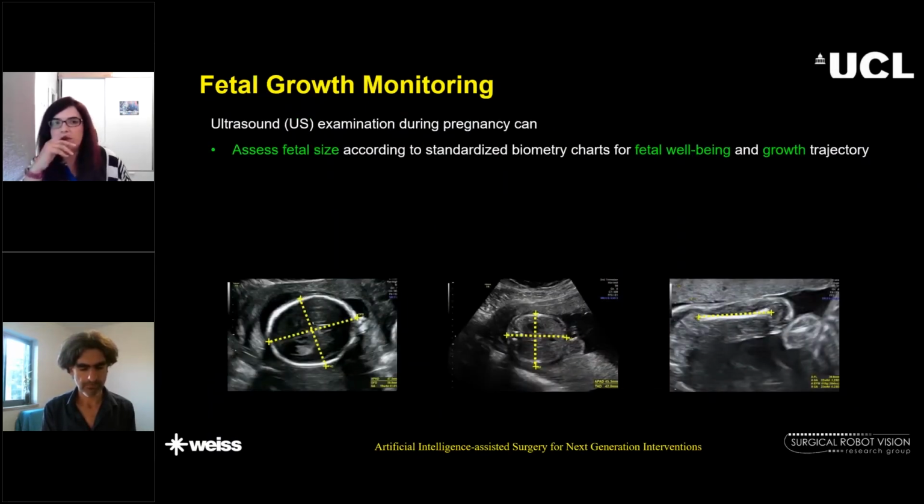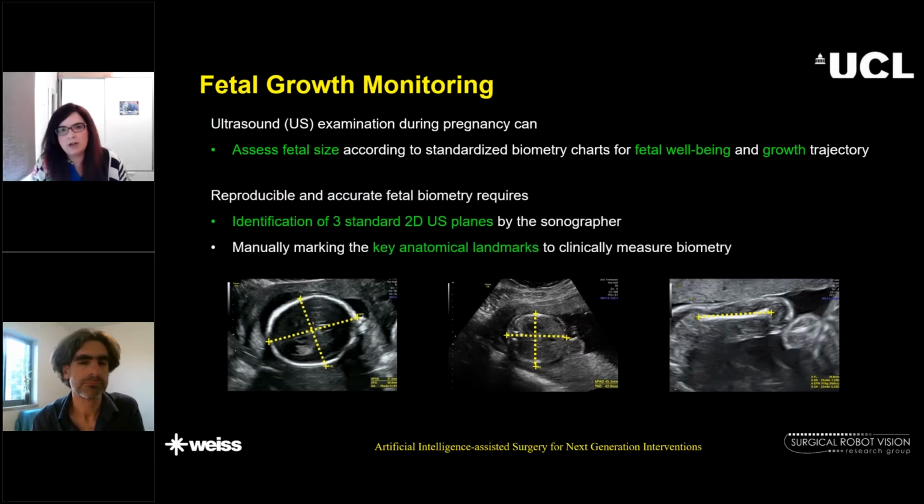So moving further towards fetal well-being, mosaicing in fetoscopy is one area. Another area is ultrasound imaging for the fetus, where ultrasound is one of the very commonly used imaging modalities for assessing fetal growth or estimating the time to delivery.